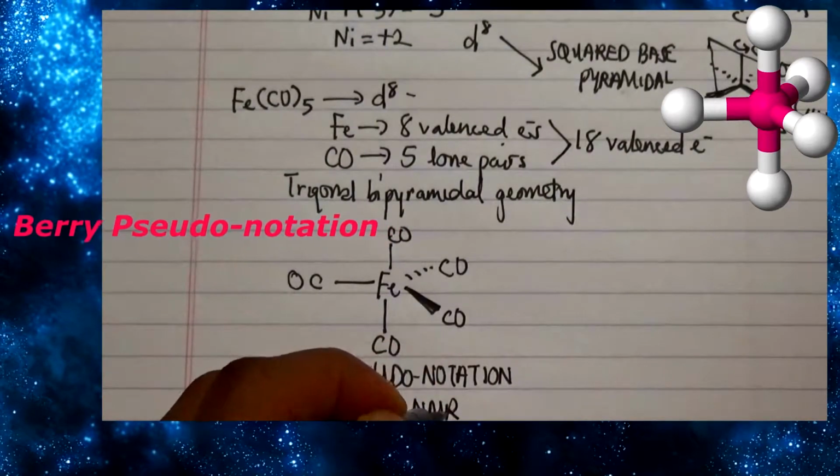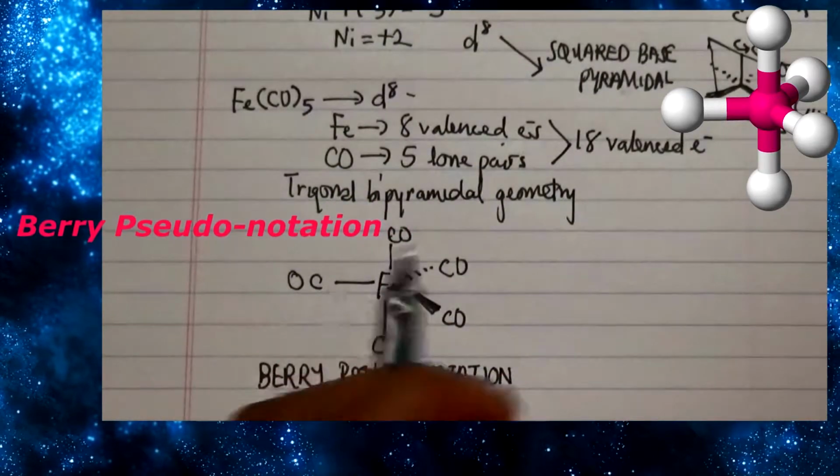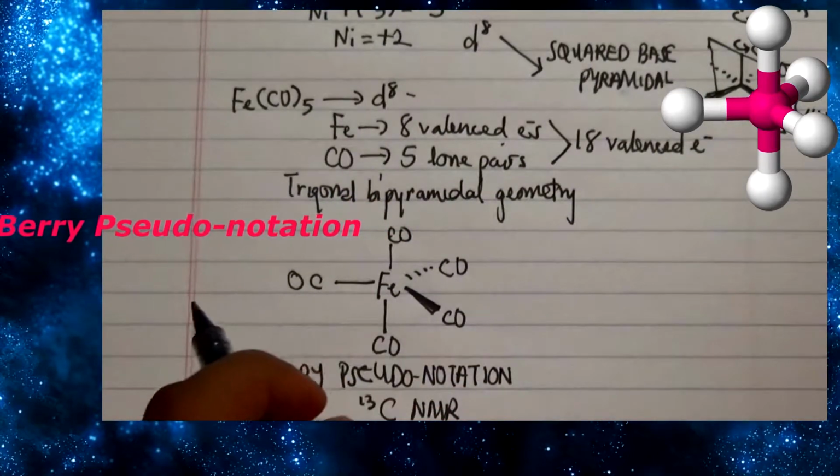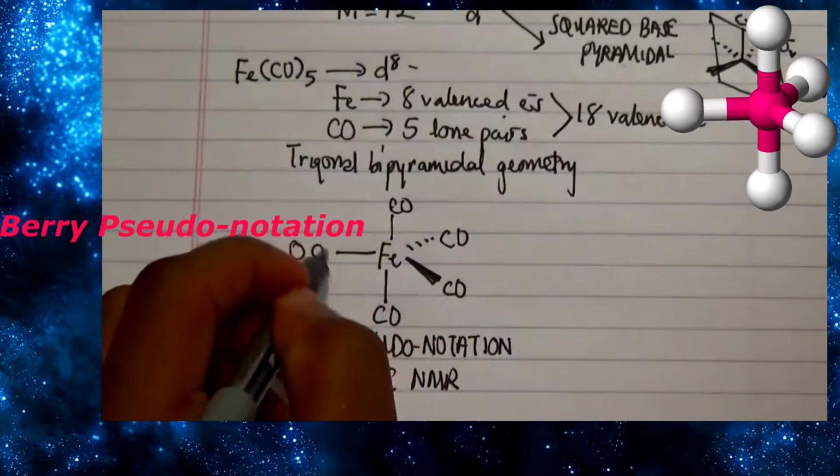It exhibits one signal due to rapid interchange between the axial and the equatorial positions of our carbon monoxide.